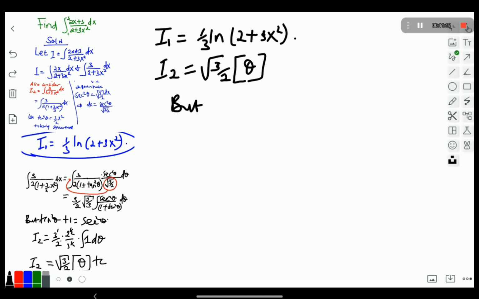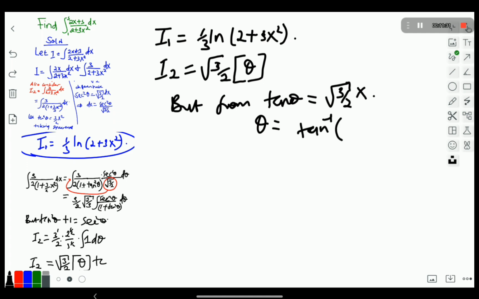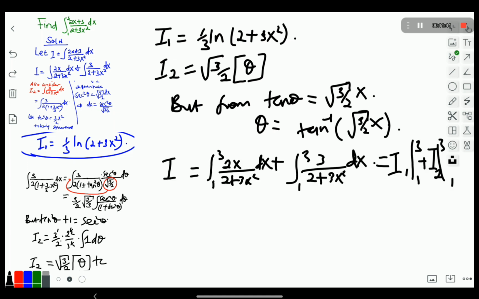We know there is a relationship of tan and x: tan theta was equivalent to root 3 over 2 x. We just want to get theta in terms of x, so theta is equal to tan inverse, or arctan, of root 3 divided by 2 times x.